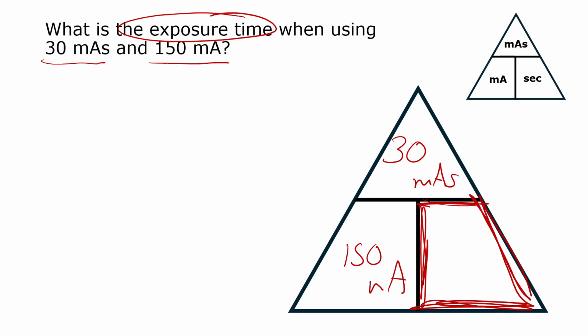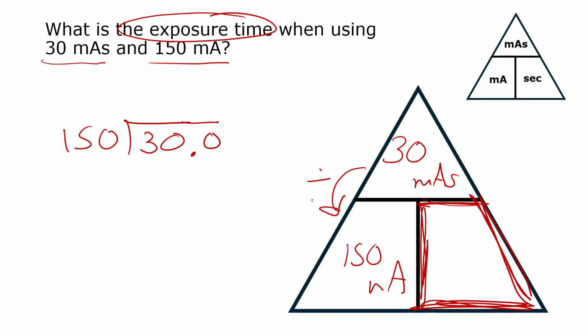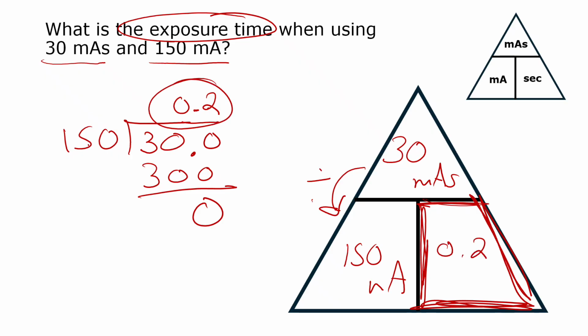So we're going to take 30 mAs divided by 150. 150 does not go into 30, so we need to add a decimal. So 150 can go into 300 two times. 2 times 150 is 300. Subtract, it's a 0. So our answer is 0.2 seconds.